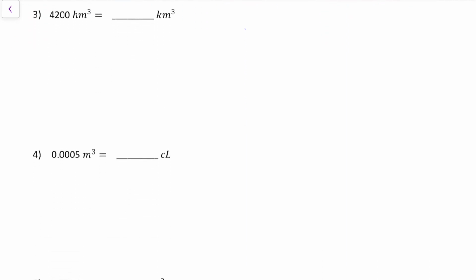For volume, same strategy, except now I have 3 dimensions, so I'm going to triple what I would normally do. So if we look at the units we have here, we have hectometers and then kilometers. And so if I want to go from hectometers to kilometers, it's 1 jump to the left, and I'm going to times that by 3.